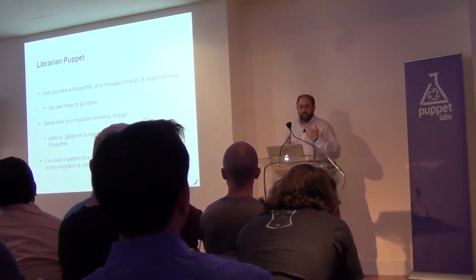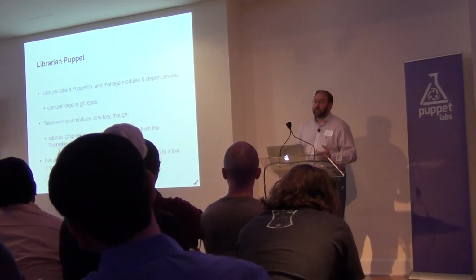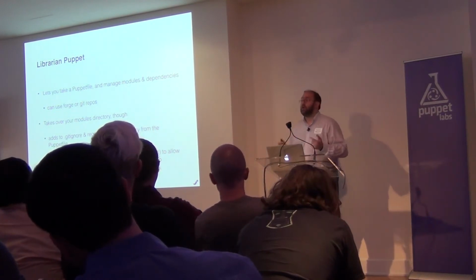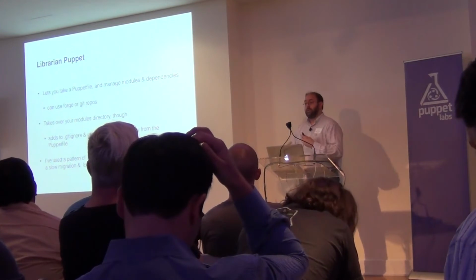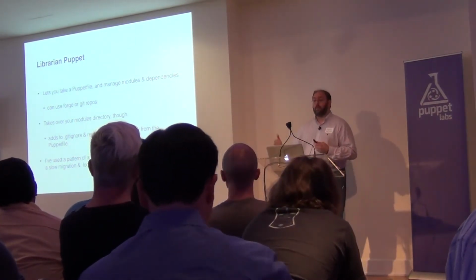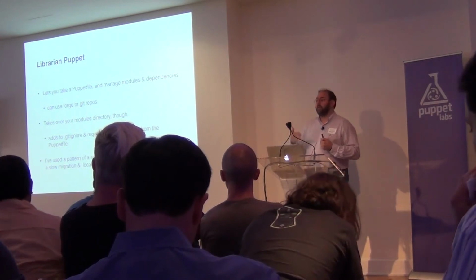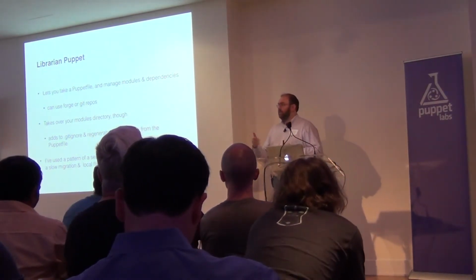Let's take a Puppet file and manage modules and dependencies separately from your code that you may be writing in-house. So like Sheila said, if you're writing custom modules, but then you have a lot of Forge modules as well, you may want to actually separate the two so that you can pull them in from different repos, potentially, and that's how it's actually designed.